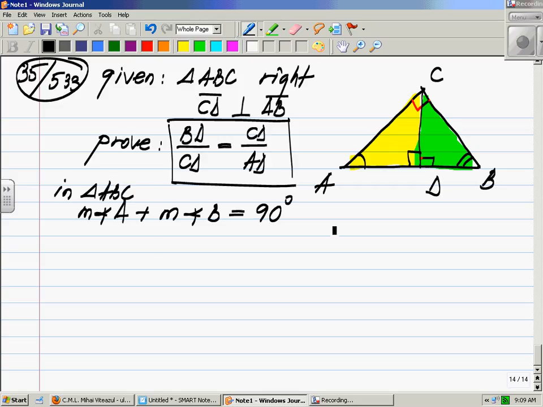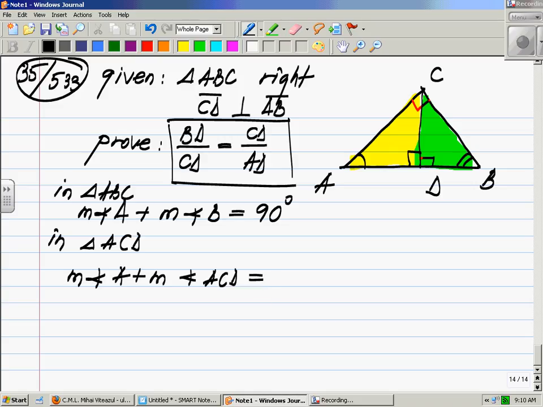That's a fact. In triangle ACD, knowing that angle CDA is a 90-degree angle, angle A plus angle ACD should equal what?